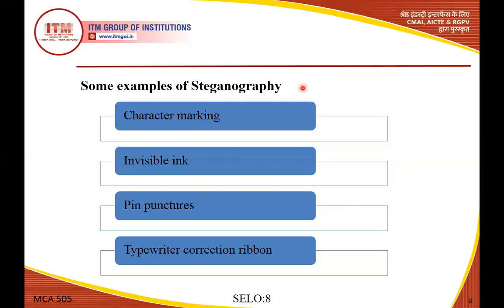So these are some examples which are used for steganography, in which we hide the plain text in the form of pin punctures, in some signs with invisible inks, correction ribbon, etc. So these are the four examples which I defined for you for steganography.